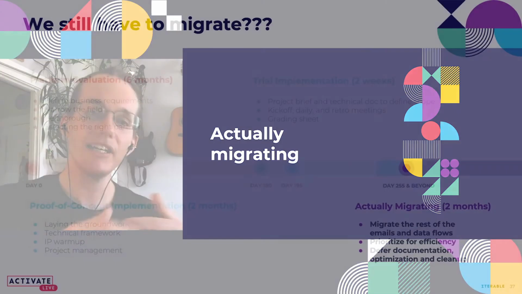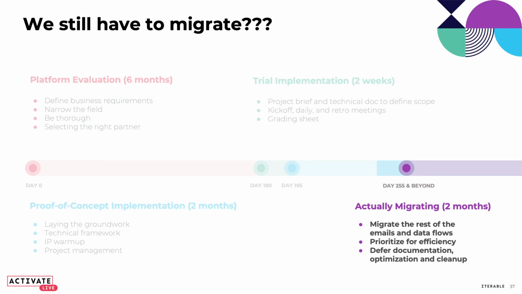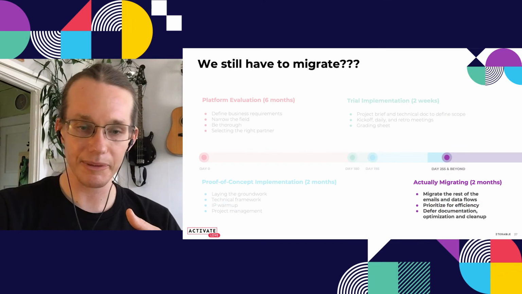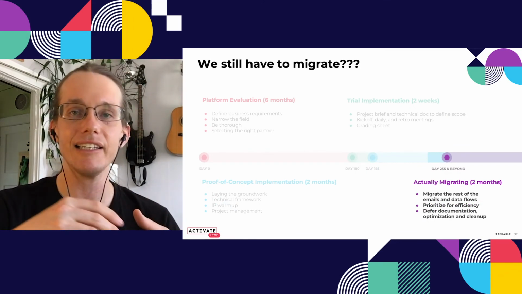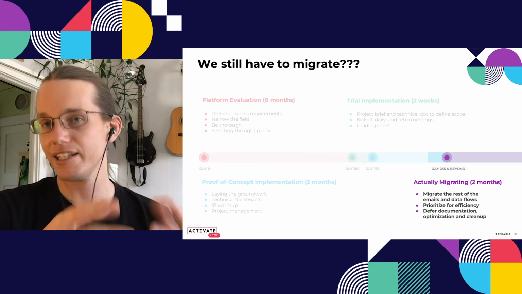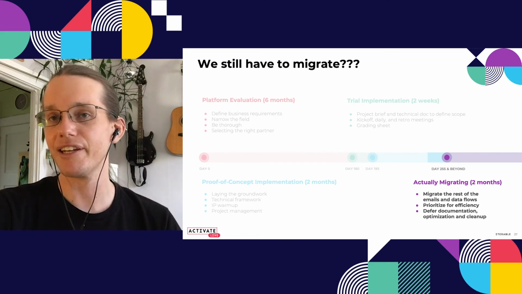And at this point, we really just had to migrate the rest of the program. And we did this, and this lasted about 2 months, actually a little bit less because we came into the holiday period, but it was still a pretty dense 2 months. We had only migrated about 15 of our existing 80 triggered or automated emails and a similar percentage of the data that we needed to support them.